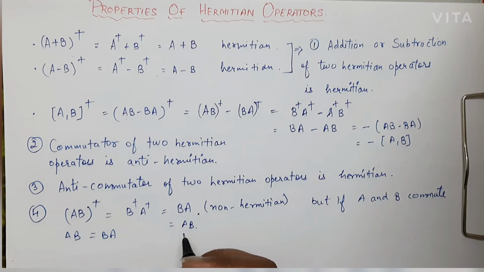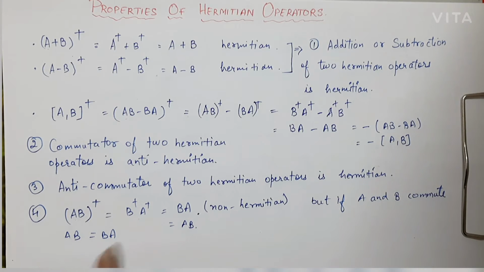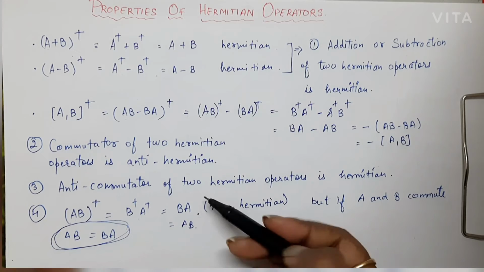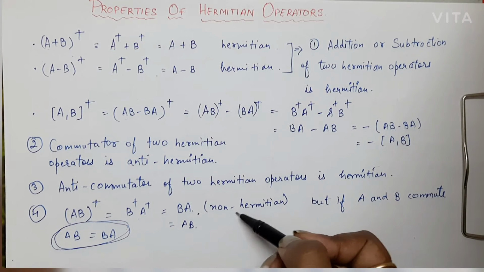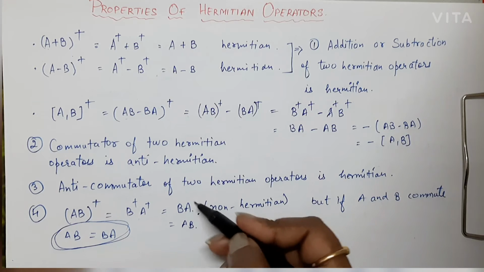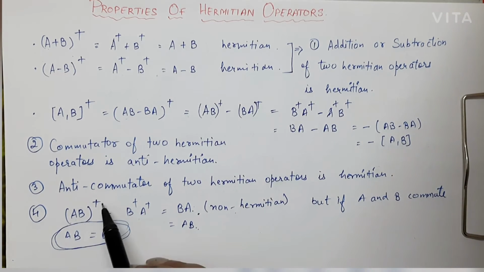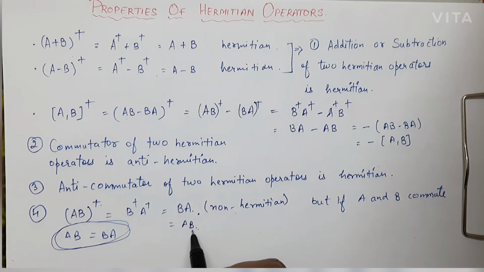So that means the product of two Hermitian operators is going to be Hermitian if the operators commute, right? If we are solving (AB) whole dagger and we are getting B into A, then it is non-Hermitian. But if the operators are commuting, that means B into A can also be written as A into B. So (AB) dagger, after solving, we are getting AB.